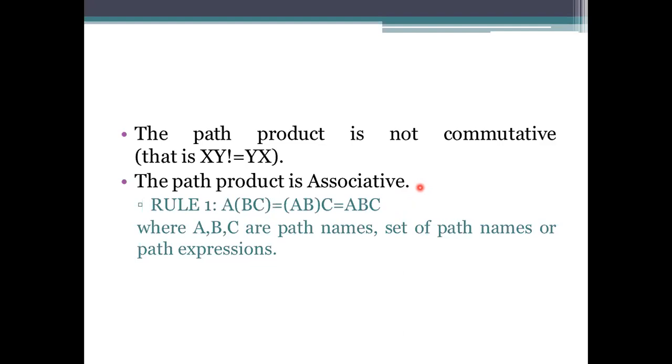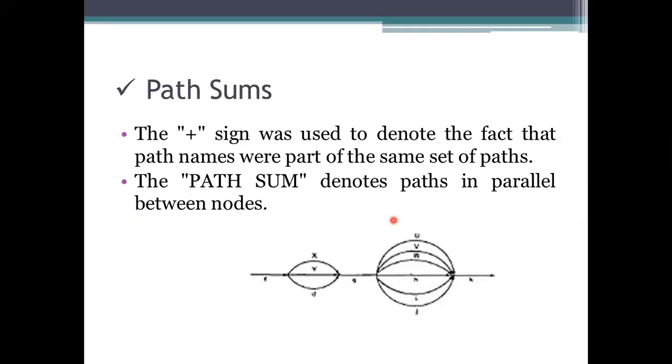So A into B into C, A into BC, or AB into C will be equivalent to ABC. By using such rules only, we are reducing the paths here. We have such 16 rules for processing. Among them, the first one is the associative.